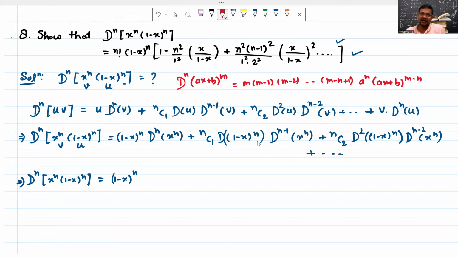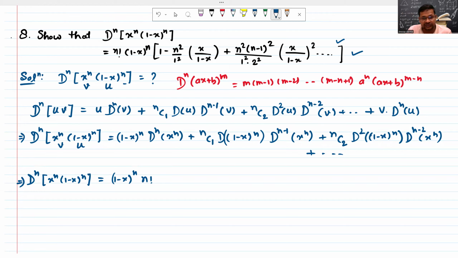So this was the nth derivative of the algebraic function ax plus b की power m. Okay, so according to that, if we just differentiate x power n, n times, we will get only factorial n. So here we have only factorial n.